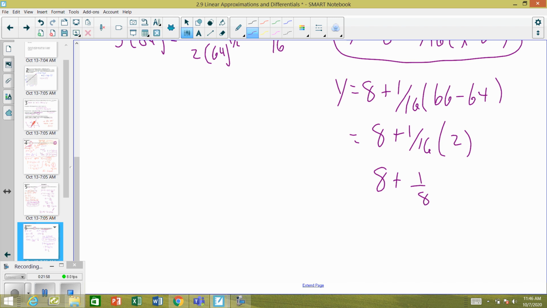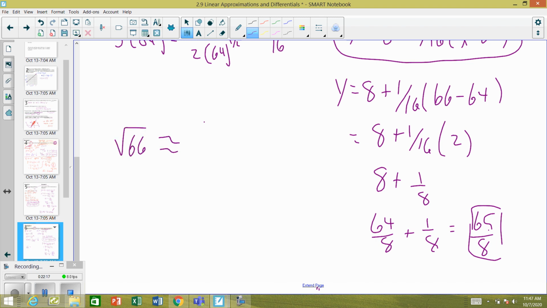Or I could just say 64 over 8 plus 1 over 8, which is 65 over 8. That is my approximated value, so I'm saying basically that the square root of 66 is approximately 65 over 8. That is what the linear approximation found.